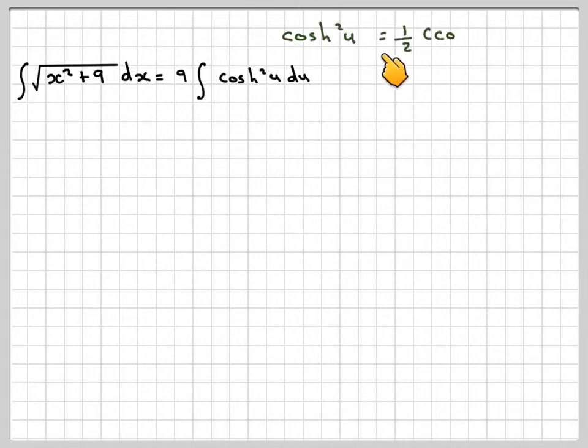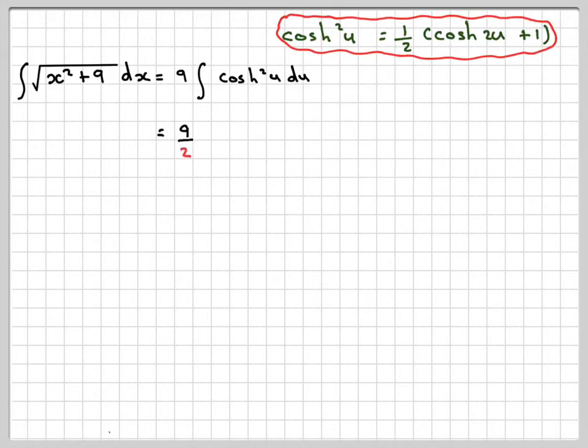Right, now we can use what we have proved in the first part of the question, which is cosh squared u is equal to half of cosh 2u plus 1. So we'll replace this with that. So it becomes 9 over 2 of the integral of cosh 2u plus 1 du.